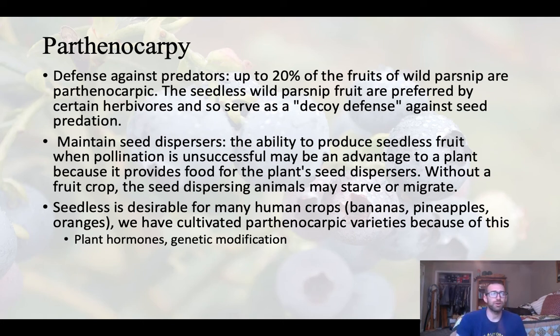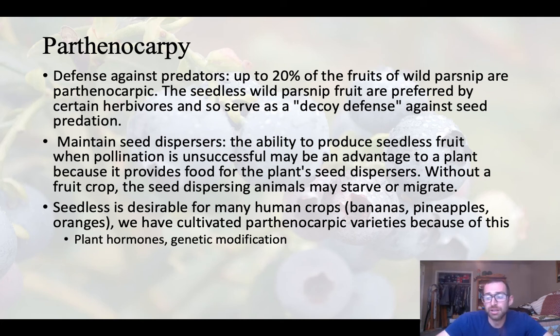So if you are preying upon these parsnip fruits and you're preying upon the seeds, about 20% are going to be seedless, so you're wasting your time with them, and hopefully a couple fruits and seeds get by and get past these predators.